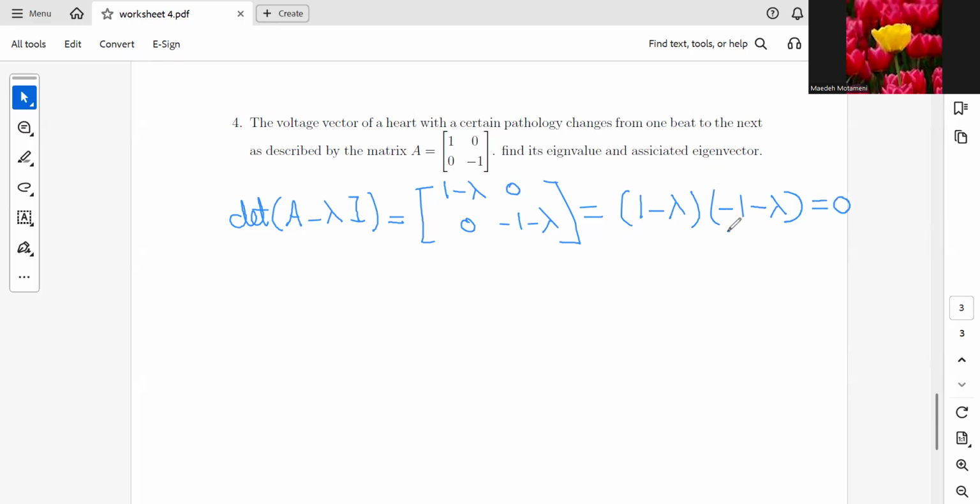So we can say that the second one is negative 1 plus lambda. And also the first one is 1 minus lambda.